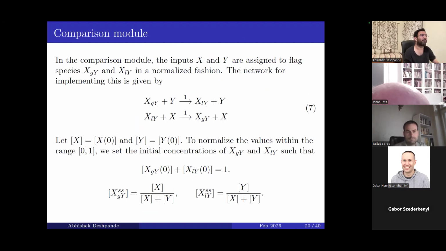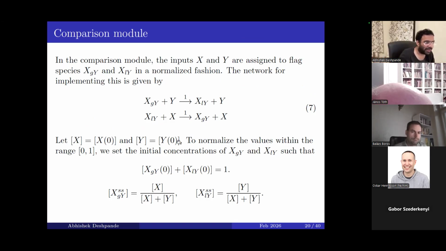One is called the comparison module. What it does is it takes the inputs X and Y, and they're assigned to something called the flag species XGY and XLY in a normalized fashion. What I mean by this is I have this network with XGY, XLY, and X. Of course, there are some reactions that go to the empty set, which I haven't put on this slide.